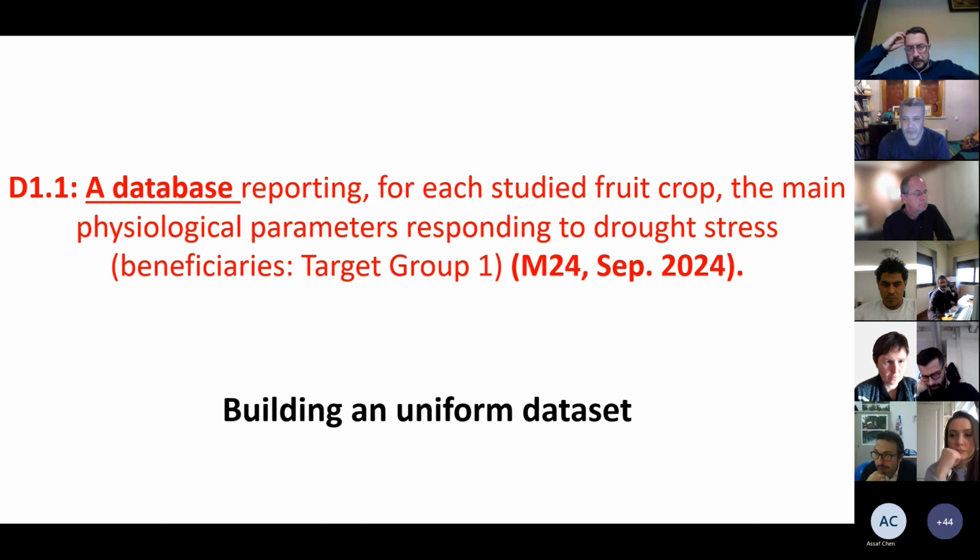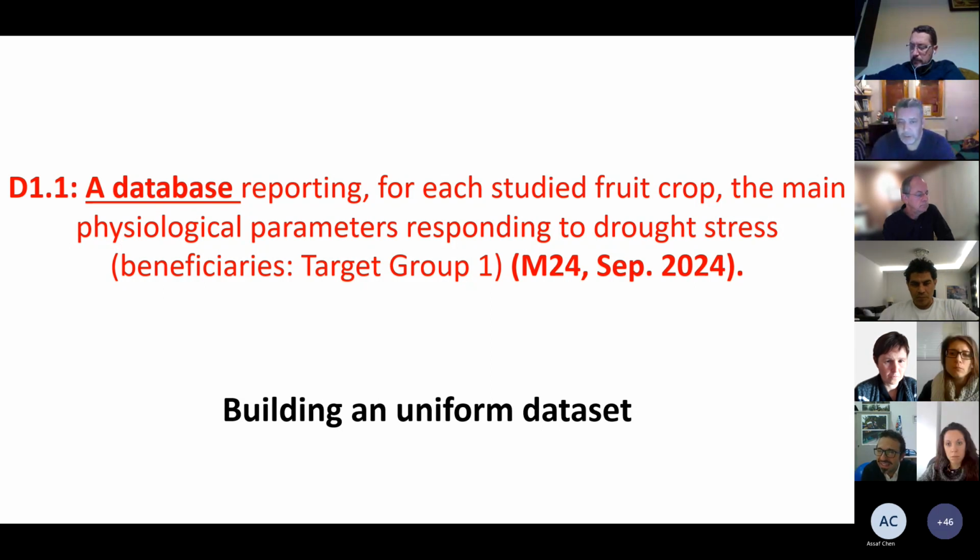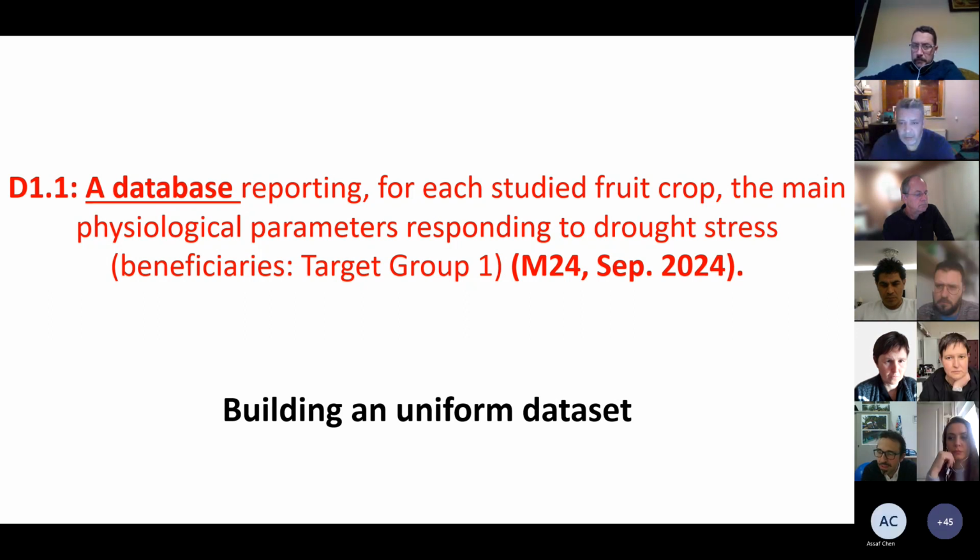I go ahead. And so the first deliverable, for example, is a database reporting for each studied crop the main physiological variables responding to drought stress.